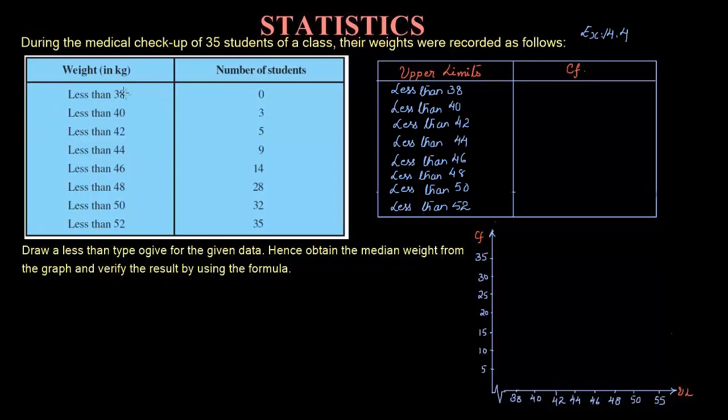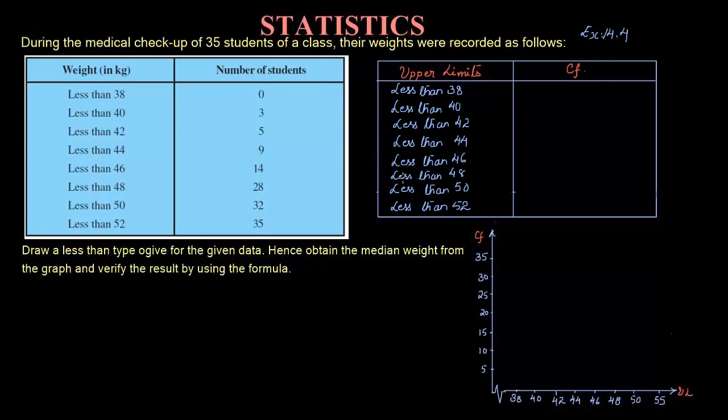You can observe here the data given to you is already in less than type. So while writing the upper limit, you need not change it to less than as we did in the previous question. So directly you can copy it from the table.